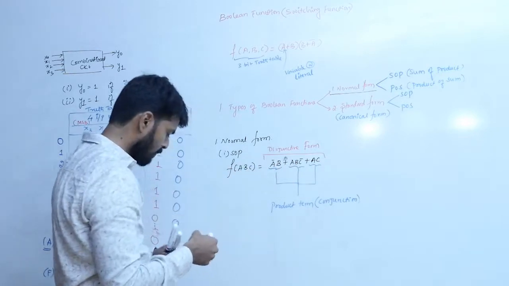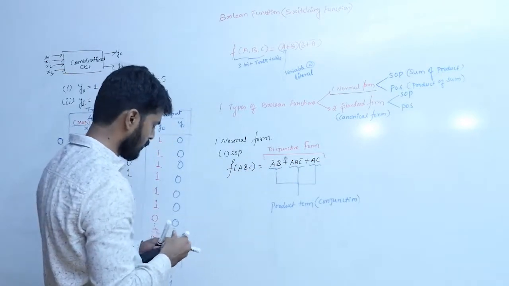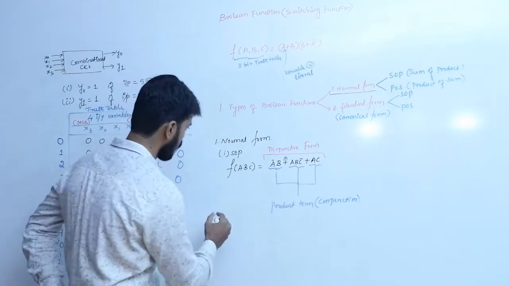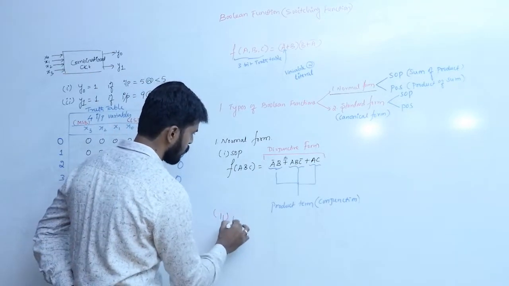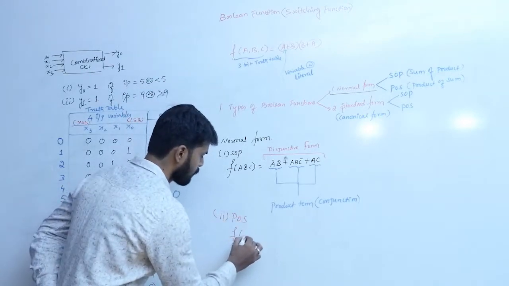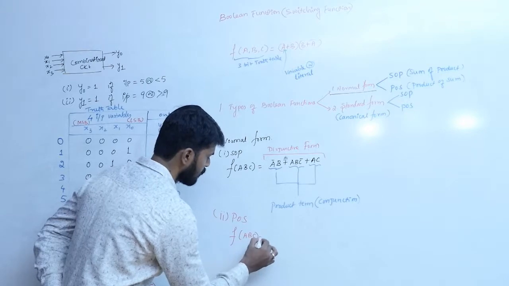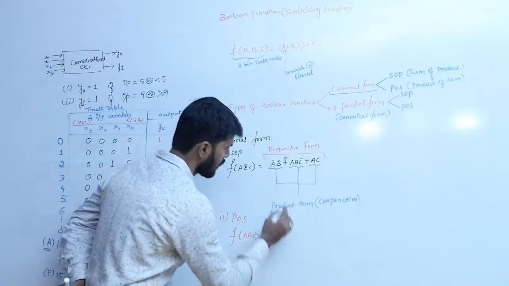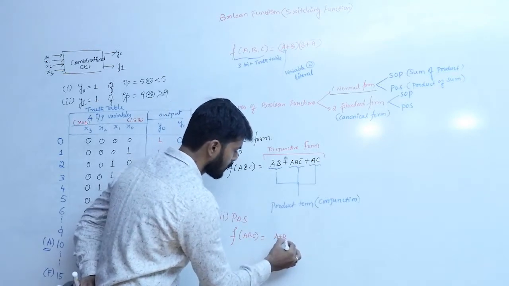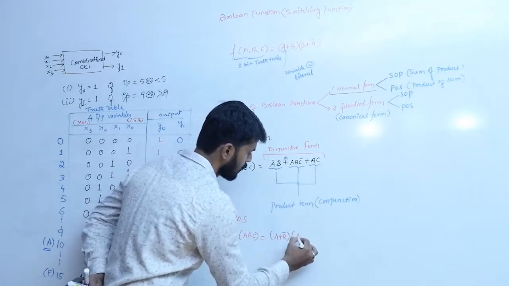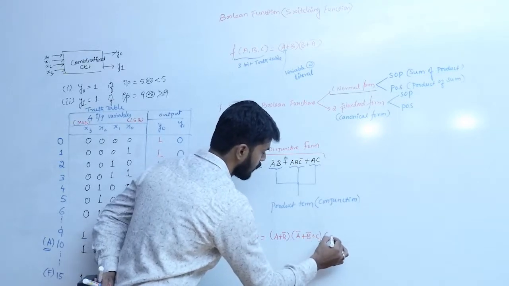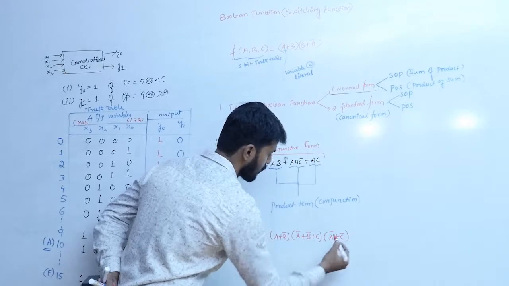Next, similarly, we will see how exactly we represent POS, product of sum. Similarly, if I write f of ABC equal to the same terms, I will represent it in the form of POS: (a plus b bar) (a bar plus b bar plus c) (a bar plus c bar).